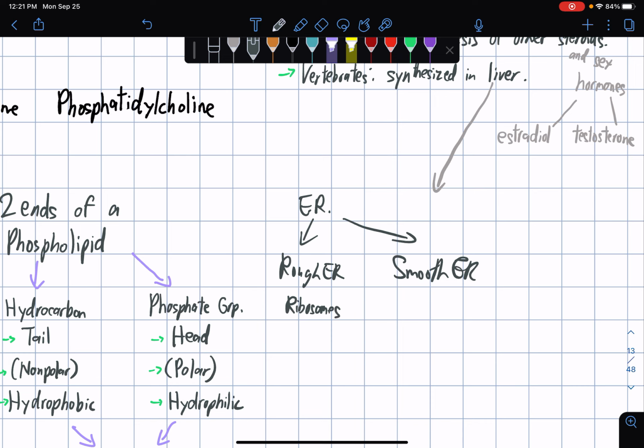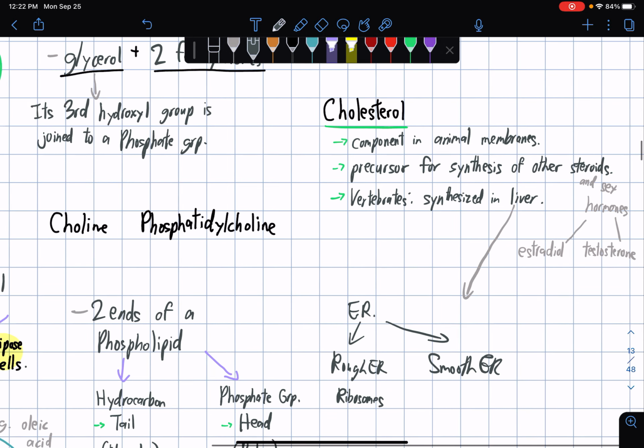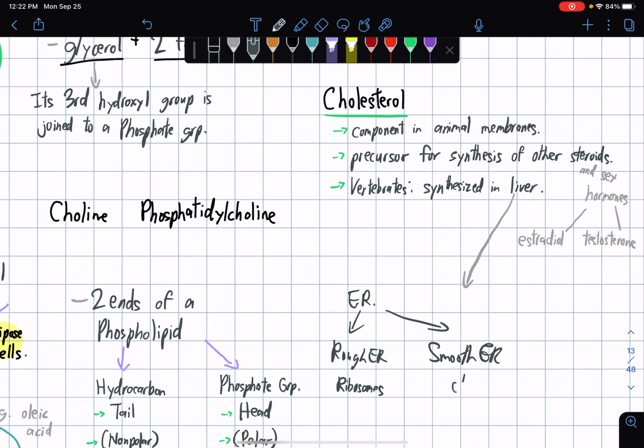And those proteins get transferred to the Golgi apparatus for protein folding. And for the smooth ER, this is the site for the creation of cholesterol. So yeah, that's everything you have to know.